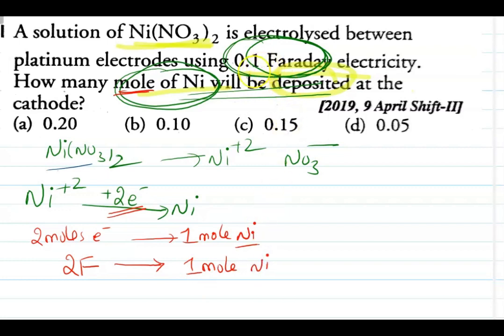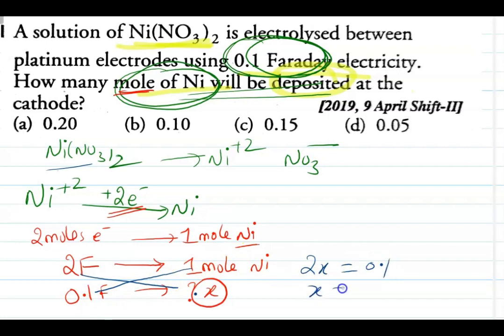According to the question, 0.1 Faraday will form how many moles of deposition? Let us take it as x. Just cross multiply and you will get the answer. 2x is equal to 1 into 0.1, which is 0.1. So x is 0.1 by 2, that's 0.05.